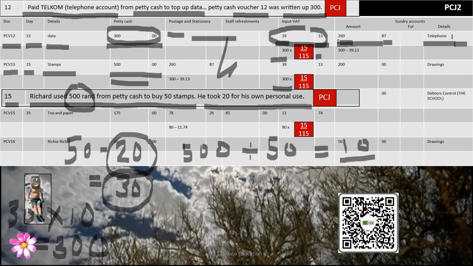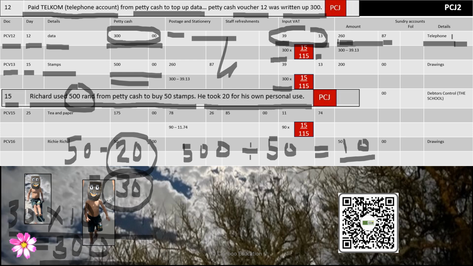Now, how many stamps were kept for the business? 30. There it is. What was the postage and stationery expense for the business? 300, because it's 30 times 10 is equal to 300.